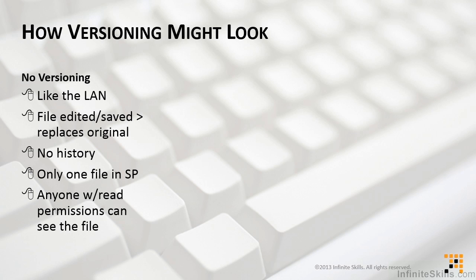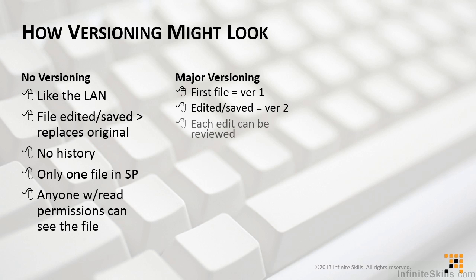So the big changes happen when we start using versioning. And one way to do that is to work with major versioning. That means when the file is first added, it becomes version 1. When it's edited for the first time and saved, it becomes version 2. Each time it's edited, it can be reviewed. And of course, the history is logged. This means that you can revert back to any prior version, as well as just look at how a document evolved over time.